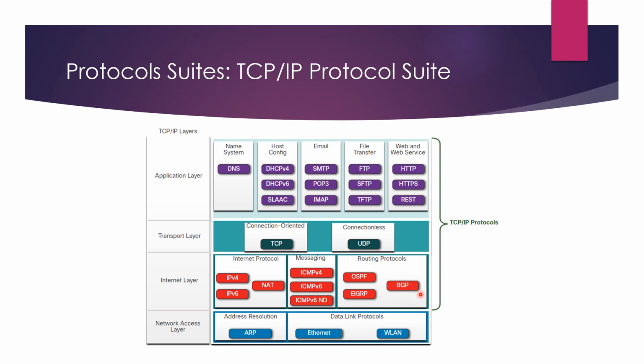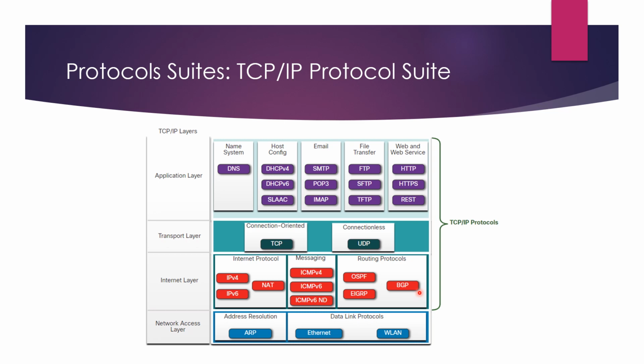And we will have even the Border Gateway Protocol. It's an open standard exterior gateway routing protocol used between internet service providers and is commonly used between internet service providers and their large private clients to exchange routing information.